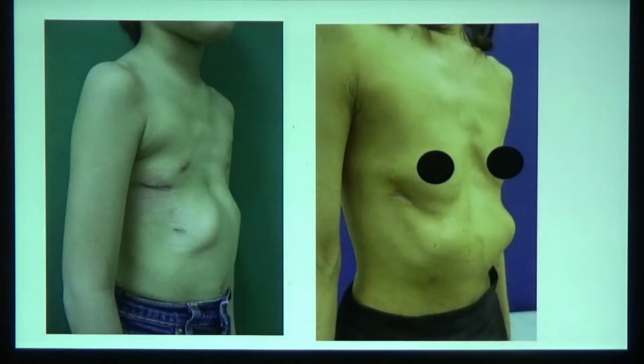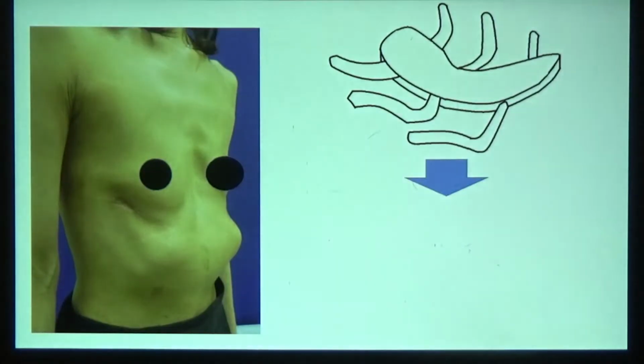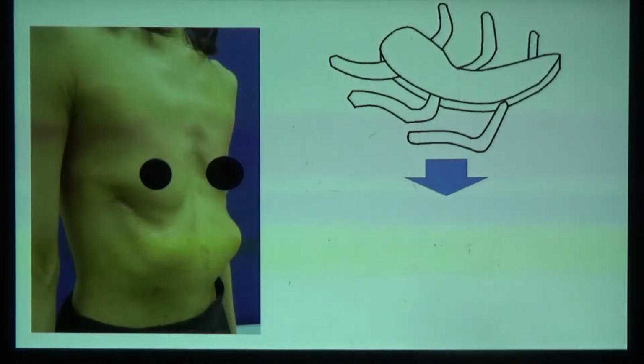But occasionally, I encounter cases where the result is not so good. For instance, please look at these patients. The concavity at the center of the chest has surely disappeared. But as the arrows indicate, the costal arch protrudes, presenting uneven shapes. The reason for this phenomenon is very simple.